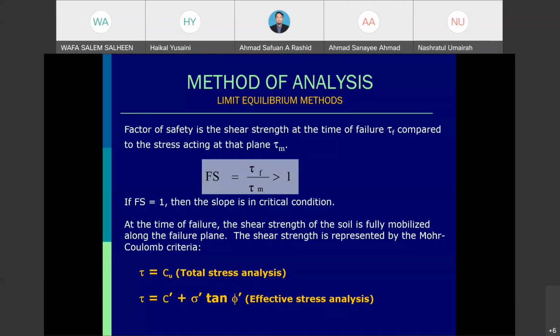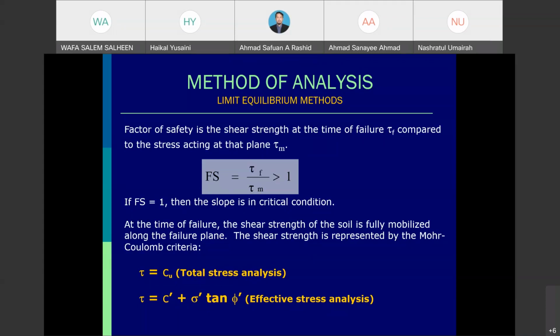For instance, for the total stress analysis, we only use the value from the CU, where we do not consider the effect of the pore water pressure, because the total stress is the sum of effective stress plus pore water pressure. So it is embedded in the total stress analysis.